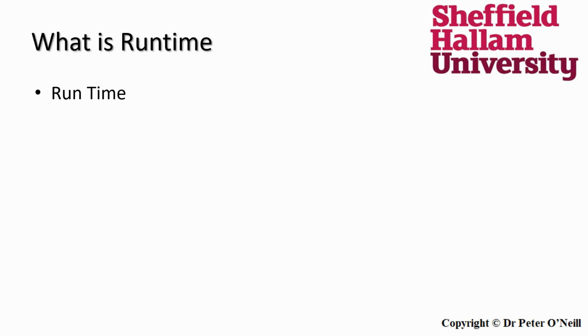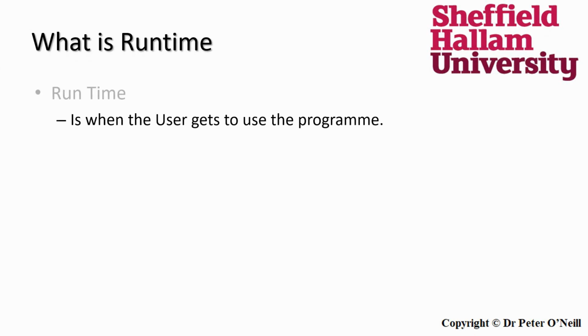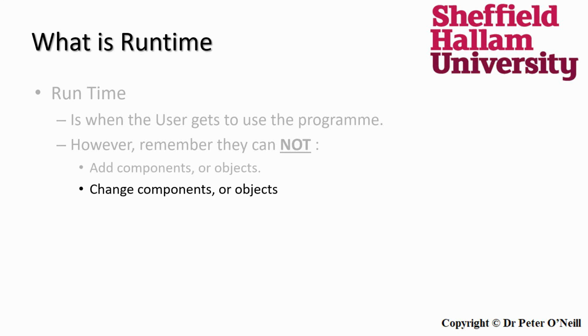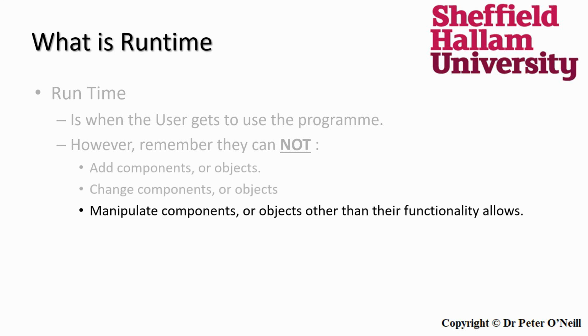So what is runtime? Well, runtime is when the user gets to use the program. However, remember, they cannot add components, objects, change components or objects, manipulate components or objects other than the functions that you have already permitted.